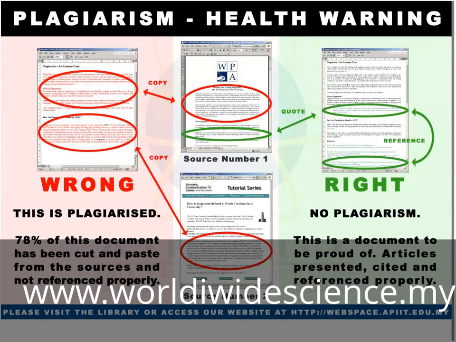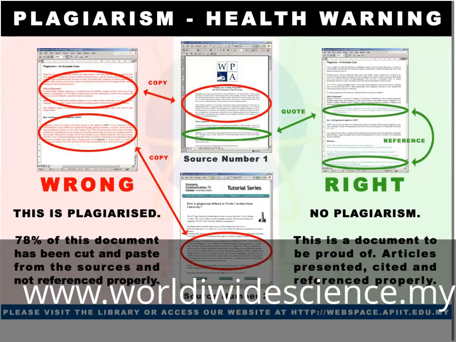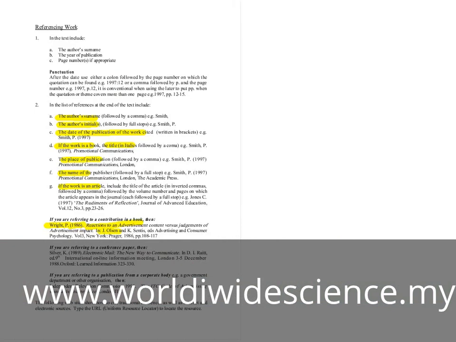So if you are willing to be on one level with all academics, with students who study at academic universities, you must do your work and your papers based on it. And the best way is to reference your work. It's not so hard to reference your work.